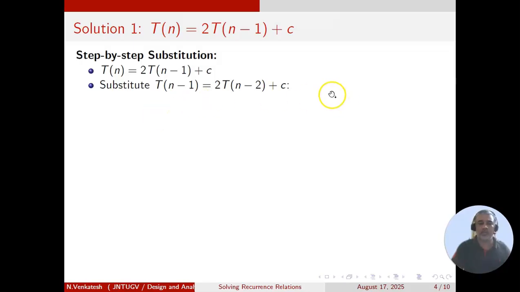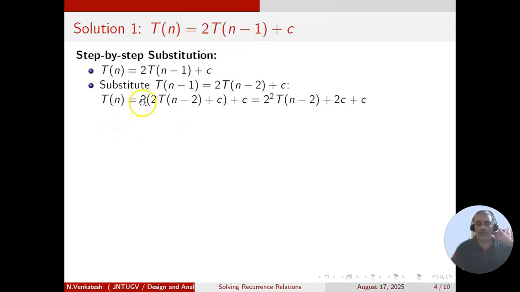Now substitute T(n-1) into the original equation. Then we get T(n) = 2(2T(n-2) + c), which gives 2^2 T(n-2) + 2c + c.